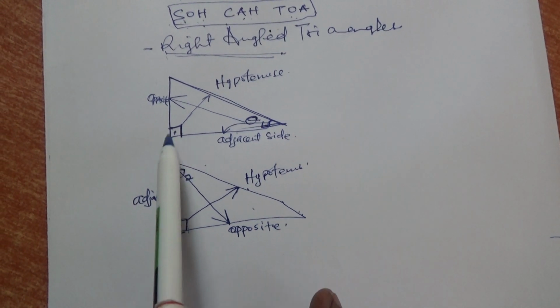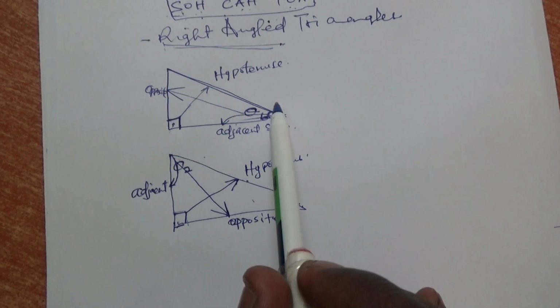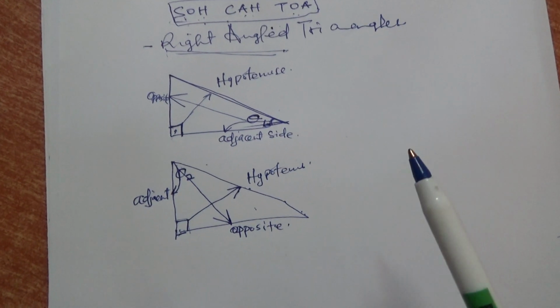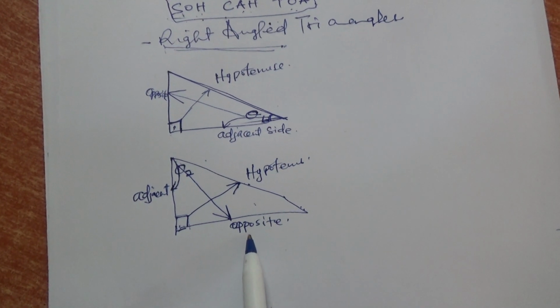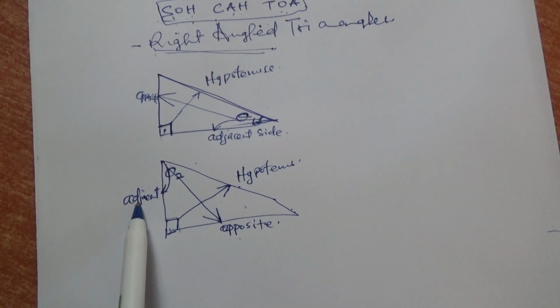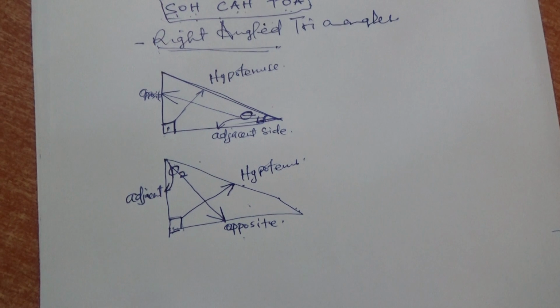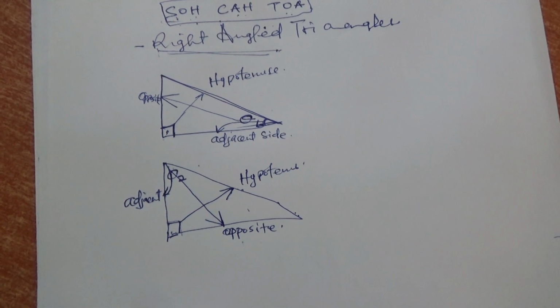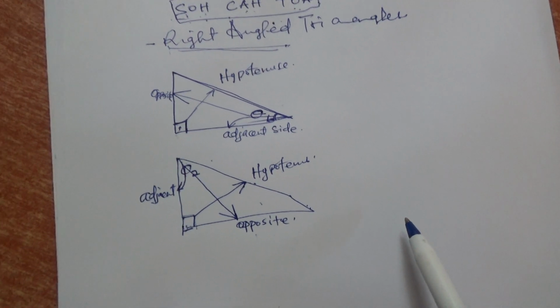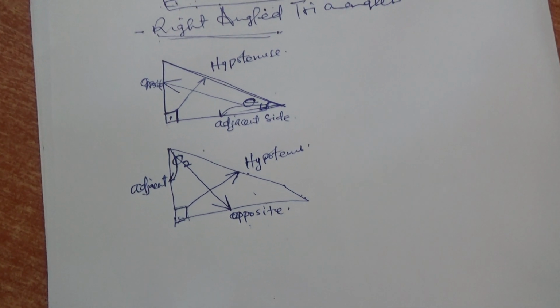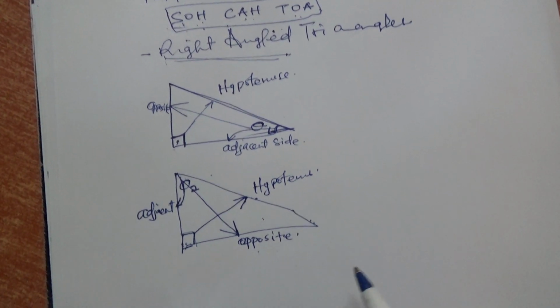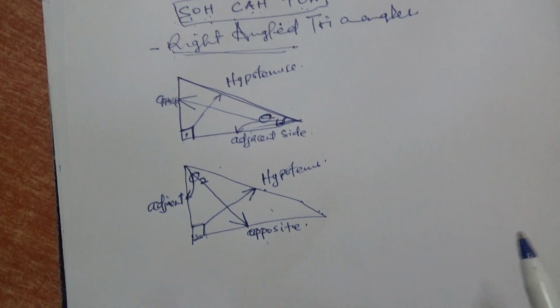This is the right angle. The one that is opposite is always the hypotenuse. And then I also said that the opposite side and the adjacent side, they are not constant. They change in relationship to the angle that you are considering. Okay, so that said and done, now how does this SOHCAHTOA operate?